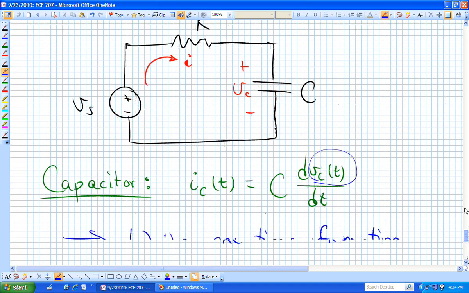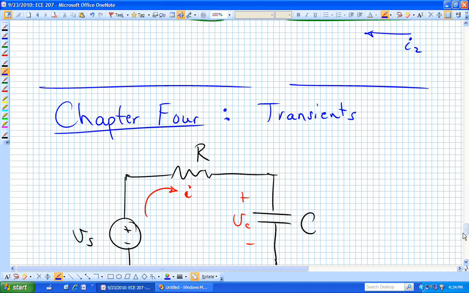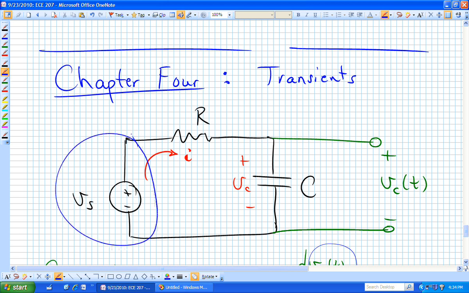If we attached our instrument that we're measuring to this particular set of terminals, that's just the capacitor voltage. But if this was some transducer voltage and it had a bunch of noise on it, by that I mean the following.